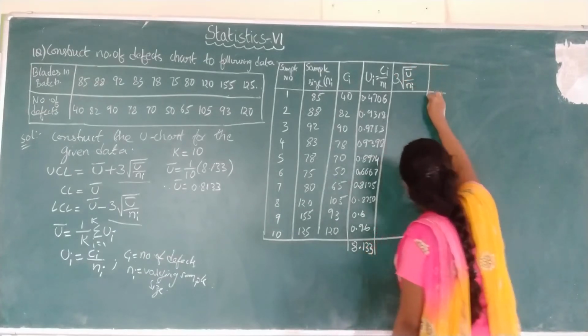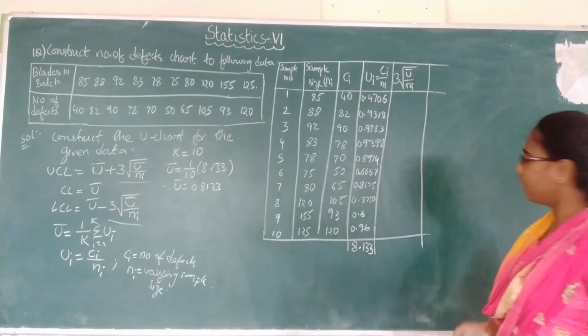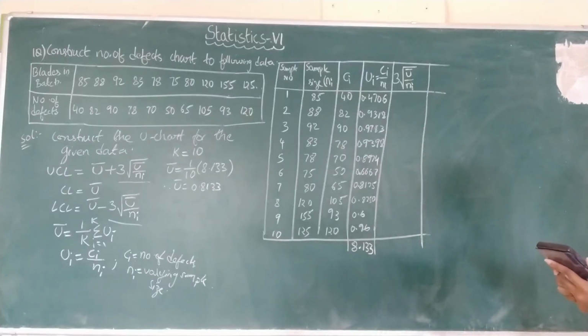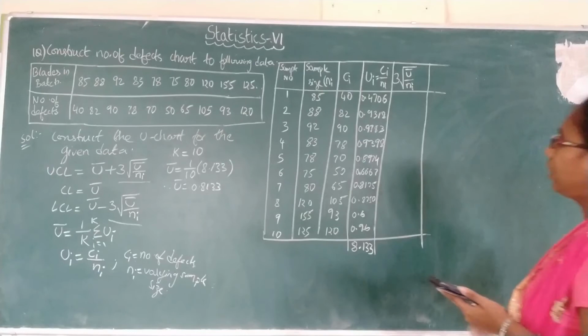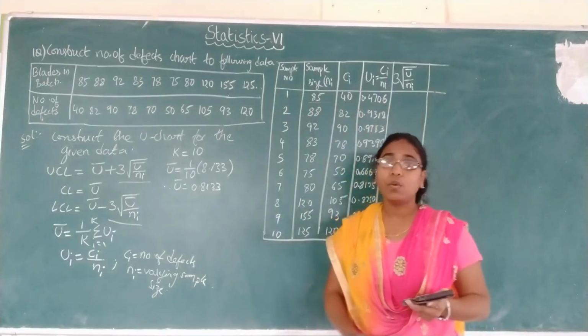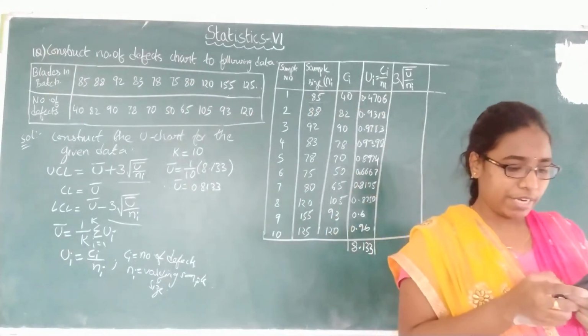3 into under root U bar by Ni means 3 into square root of, open two brackets, one for numerator and the other for denominator. What is the U bar value? 0.8133 divided by the first Ni value. Corresponding to the first sample, the Ni value is 85.